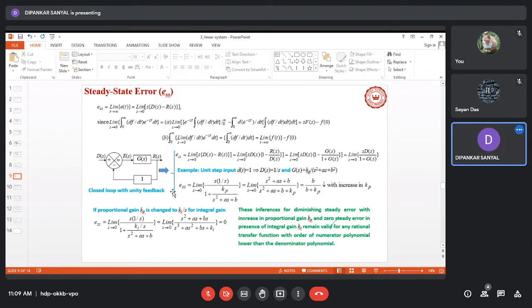Now instead of a proportional gain, if we have an integral gain, then instead of kp here we will have ki by s. So that is what we have done here.